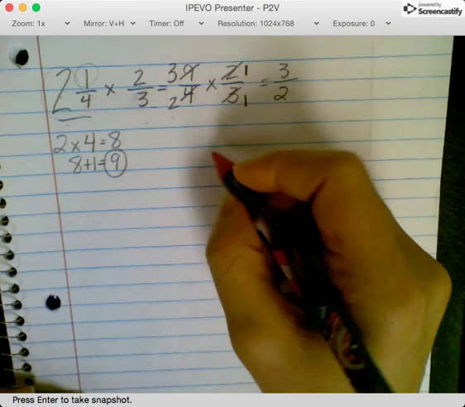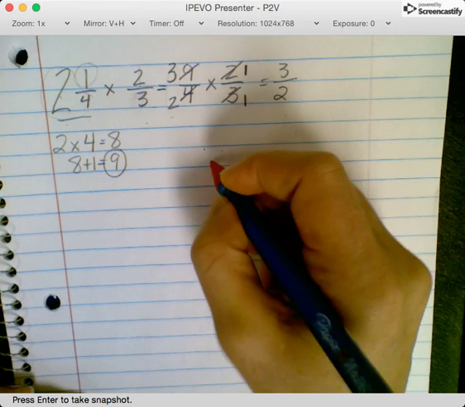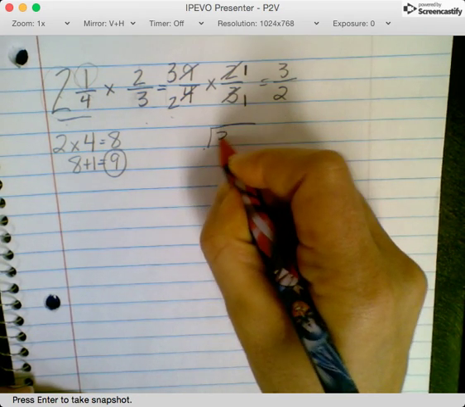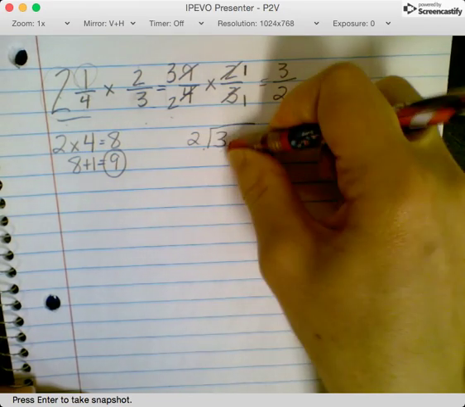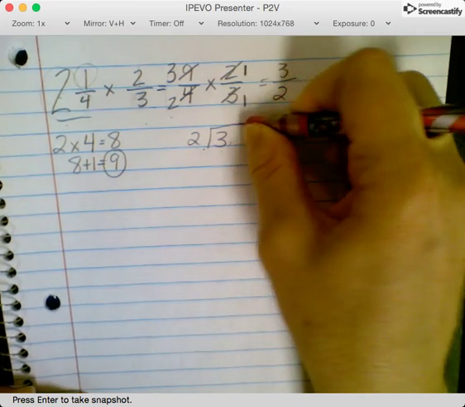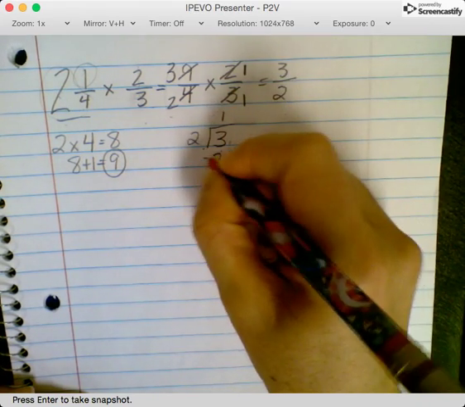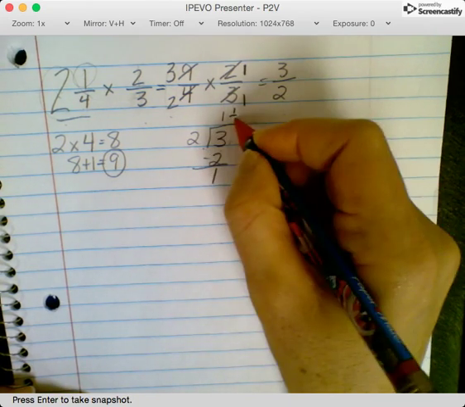And then in order for me to make that back into a mixed number again, I can take my top number, divide it by my bottom number. And so then I will get 1 whole. And then I have 1 left over, which is going to be my numerator.